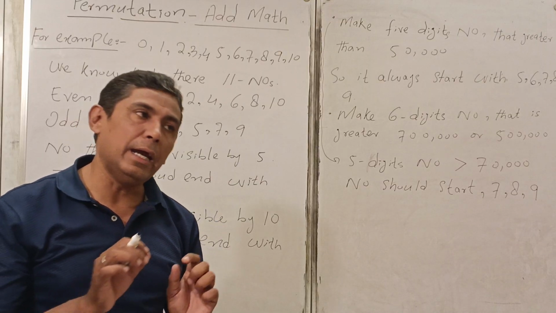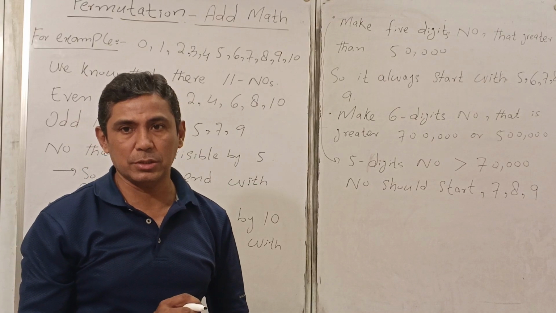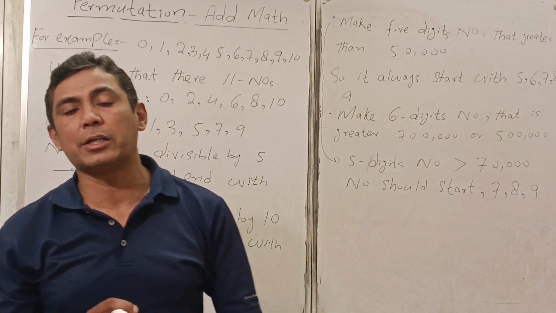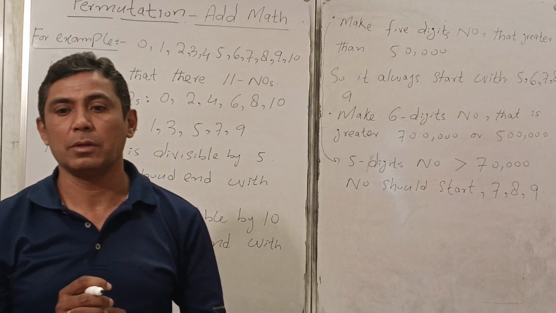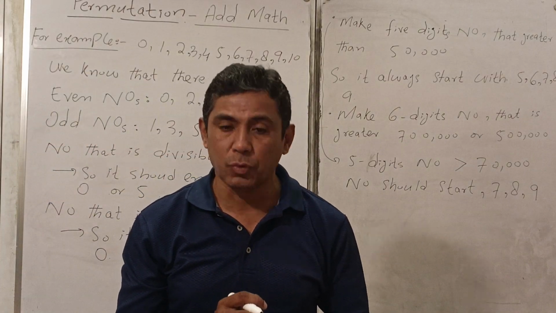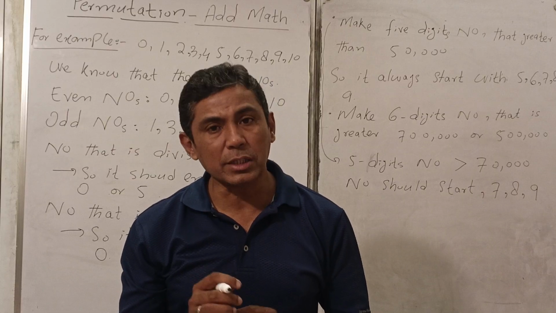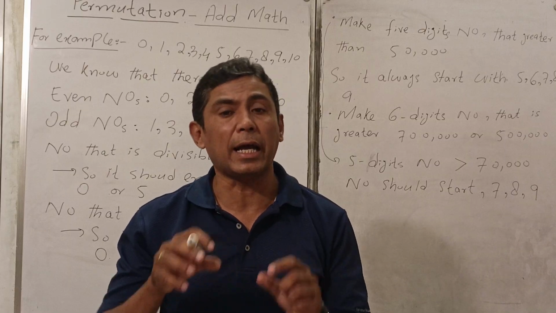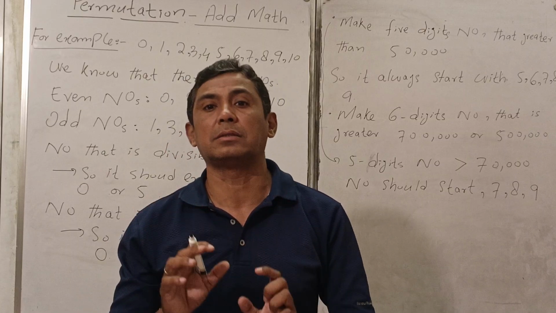Clear? And there is another kind of question. What is the other kind of question, related to symbols and letters? And what is the question to make a password, which is based on characters, symbols and letters?